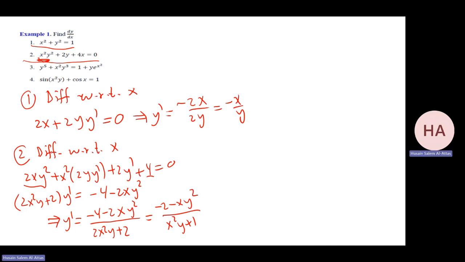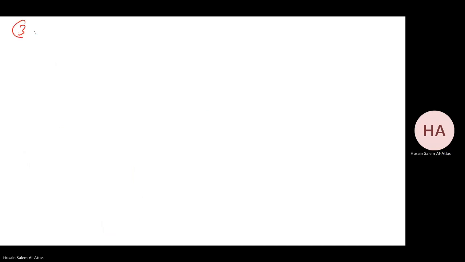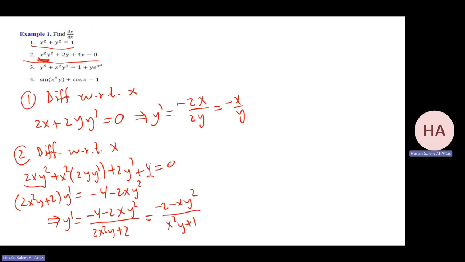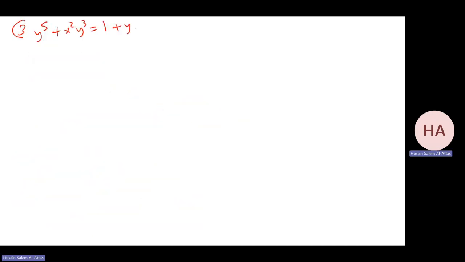The third one, let me write it here. y to the power 5 plus x squared y cubed equals 1 plus y a x squared. Okay, differentiate with respect to x. What will you get?